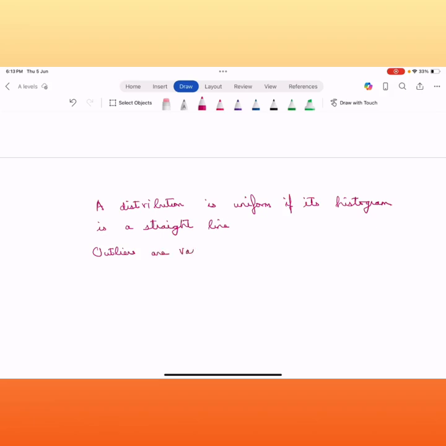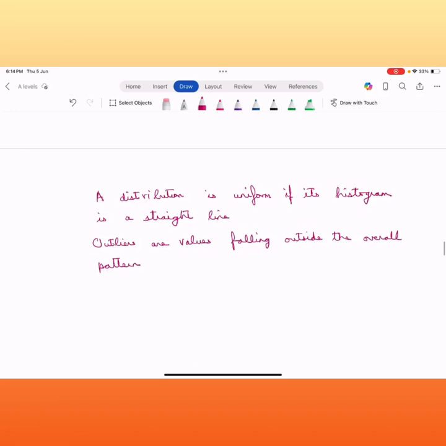Outliers are values falling outside the overall pattern. Okay, now if you see modes, modes show major peaks in the data.